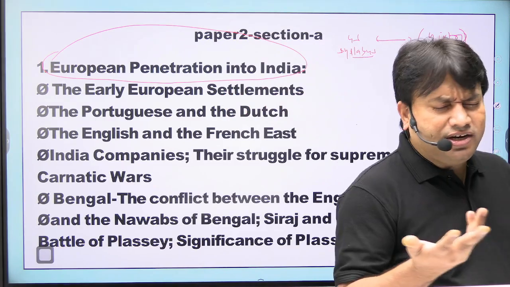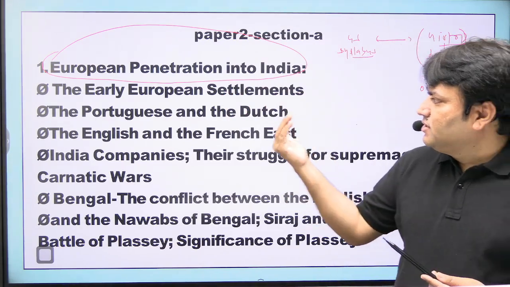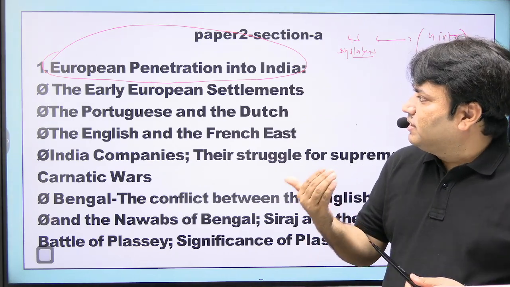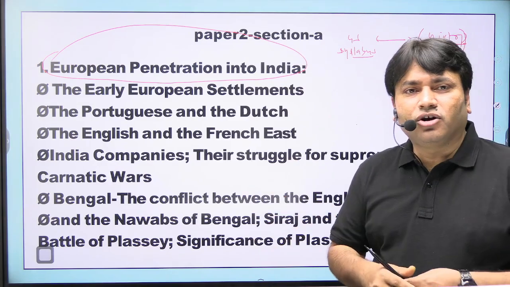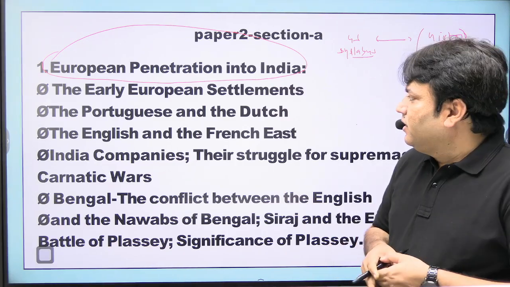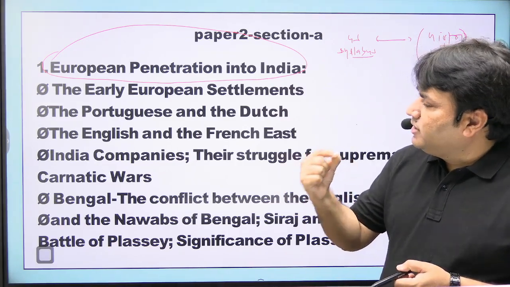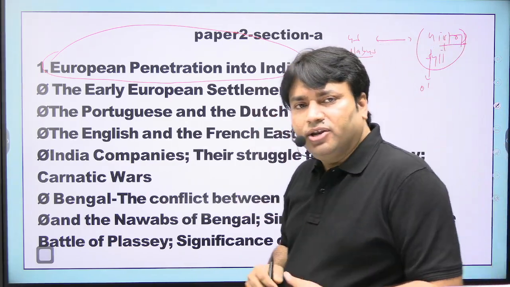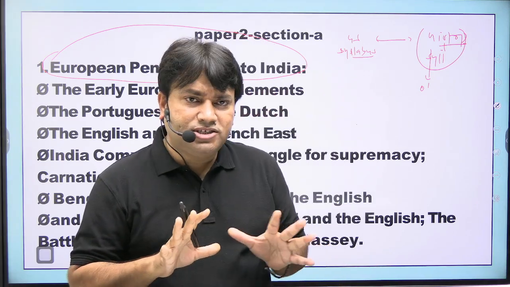So you have all studied what the circumstances in Europe were which motivated the Europeans to come to India. We read it in modern Indian history. We also read about important socio-economic and political changes happening in Europe at that time in the GS paper.